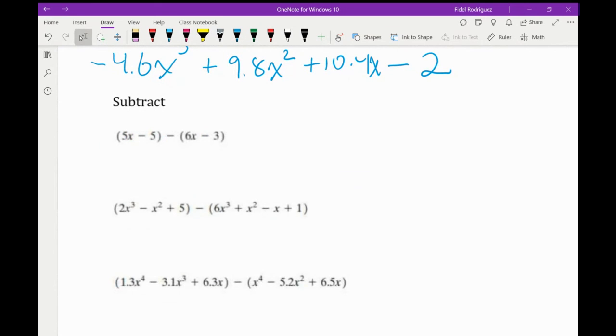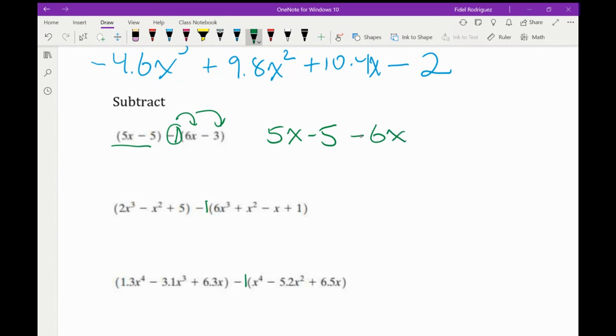Okay, so now the next parts here are subtracting. Subtracting is just like adding the polynomials with the exception of one small thing. Everywhere I have that minus sign, I'm going to change it to a minus 1 every single time. So this first part, I'm just going to rewrite it. 5x minus 5. What we're going to do with this minus 1 is distribute it to both pieces.